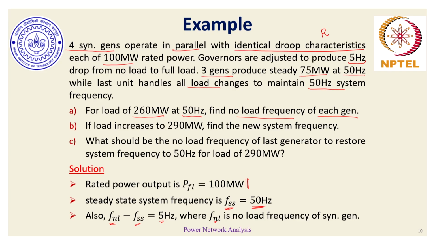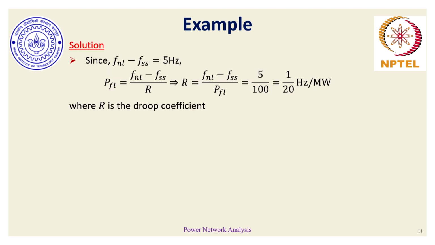So, from here we can find the value of speed regulation for each unit. Remember, speed regulation is nothing but the change in frequency divided by the change in power from no load to full load. These numbers are all known and defined.